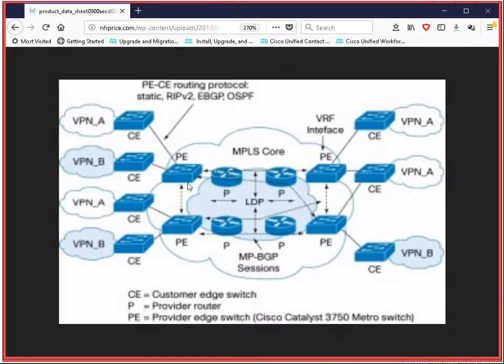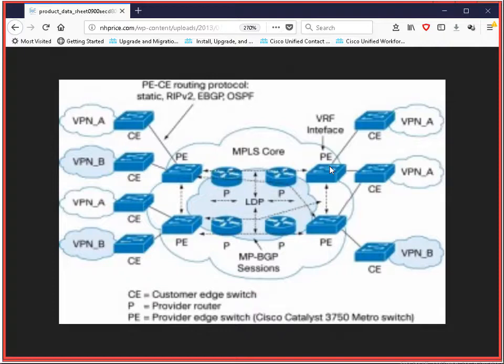But MPLS is not even running on the PE routers. Actually, let me rephrase that. It could be, because the labels could be imposed on the PE router, but usually it's not running on the egress on the PE router, because we do something called penultimate hop popping, or PHP, where the labels get popped off before we get to the PE router on the other side.